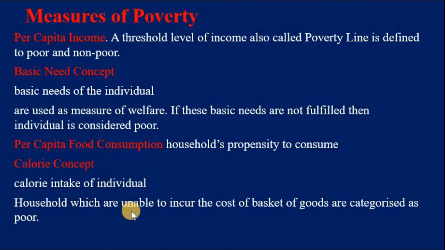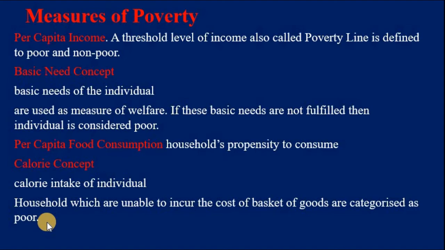So a household which is unable to incur the cost of a basket of goods is categorized as poor. In a basket, a number of goods are there. In those goods, there are calorie contents, some basic nutritional requirements.